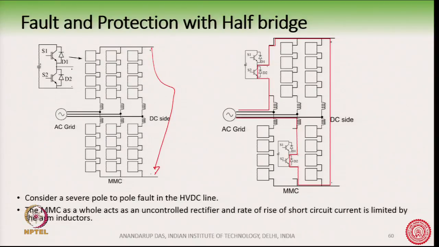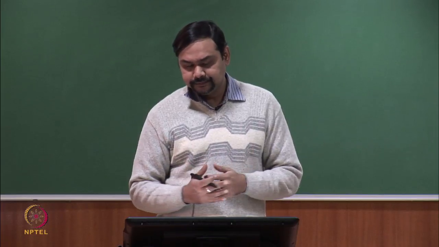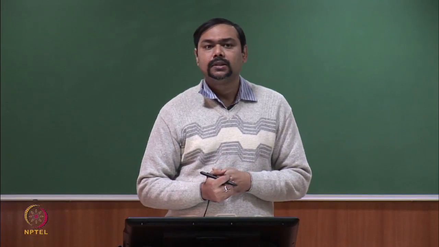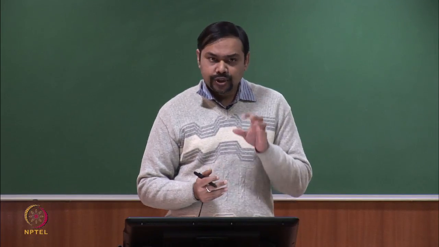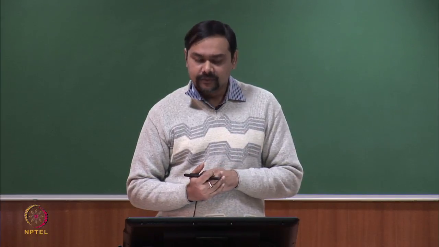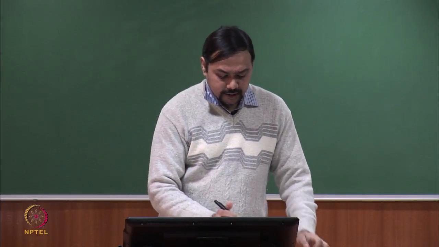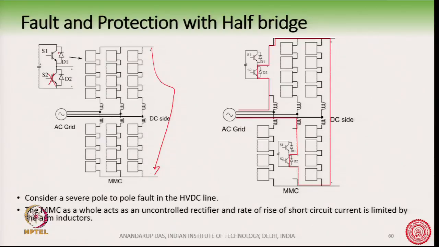During this time the current is rising very fast because you have a pole to pole fault, and so you shut off the IGBTs, but unfortunately you have shut down these two, but these diodes are conducting. So, how does the circuit look when the diodes are conducting?